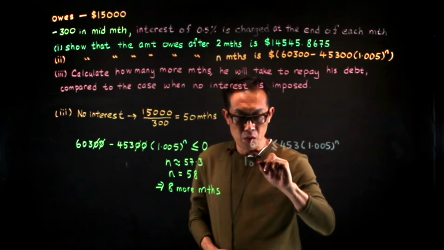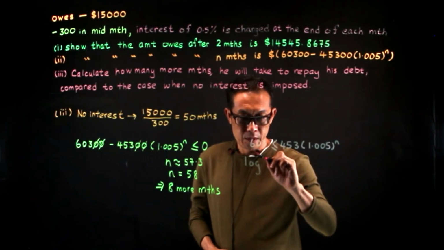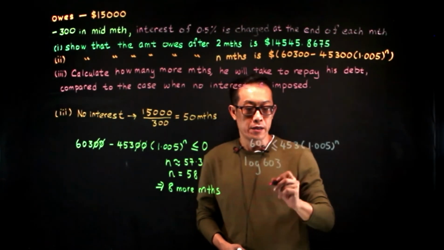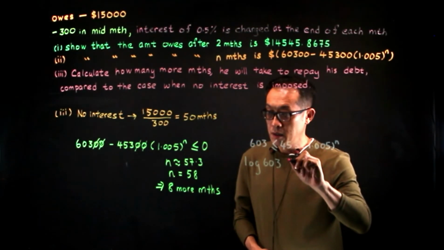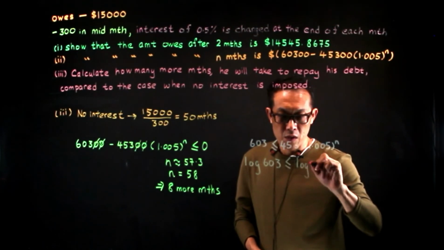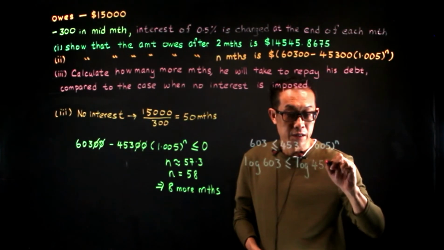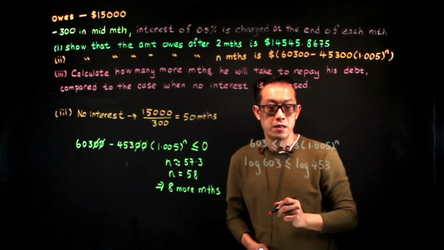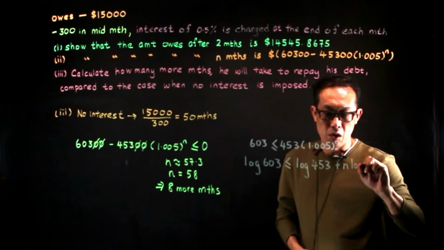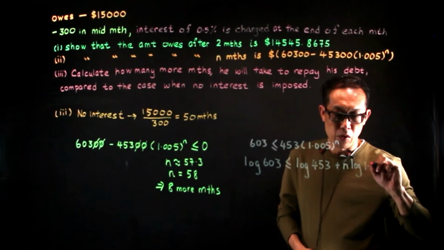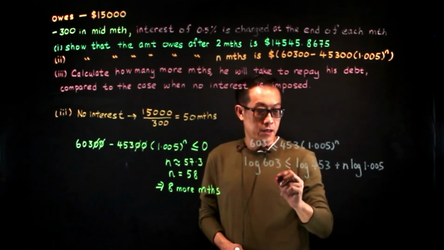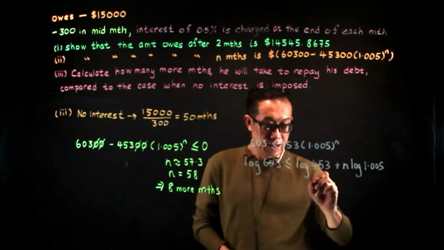So log 603 must be log 453 plus n log 1.005.